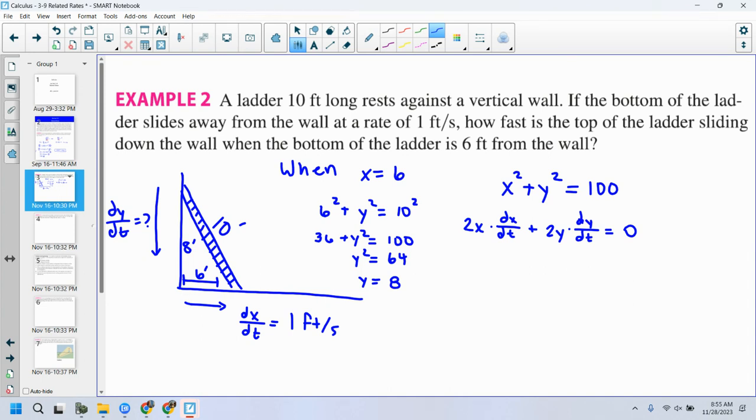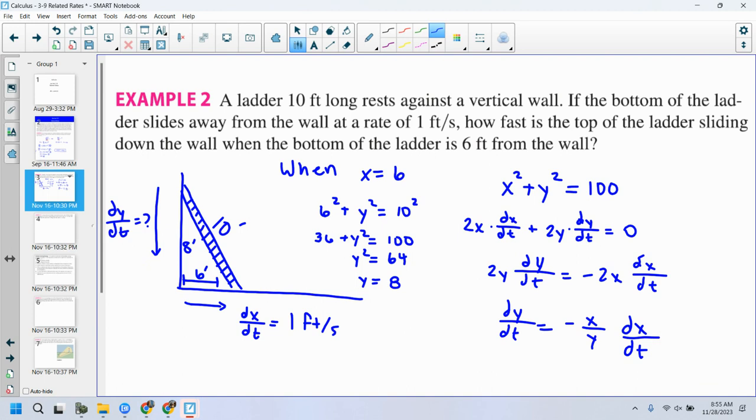Okay, so we subtract the 2x dx dt. 2y dy dt is equal to negative 2x dx dt. We can divide by the 2's and divide by y. So dy dt is equal to negative x over y dx dt. Right? We divide by the 2, it cancels out. We divide over with the y, it's x over y dx dt.